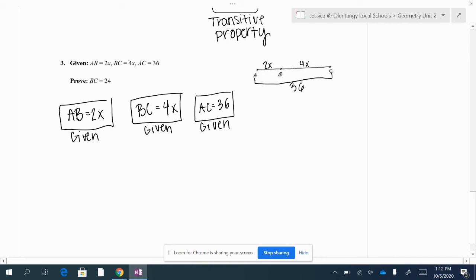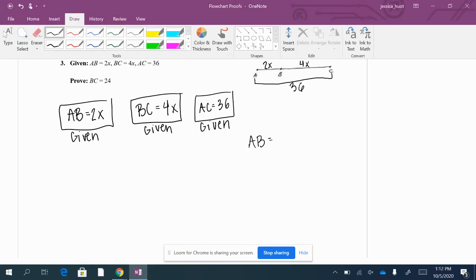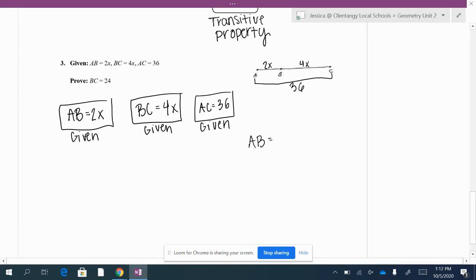Okay, well, our next step, we're working with this segment, so let's go ahead and use the segment addition postulate. I know my two smaller parts, so my small part AB plus BC needs to equal the whole thing, AC.